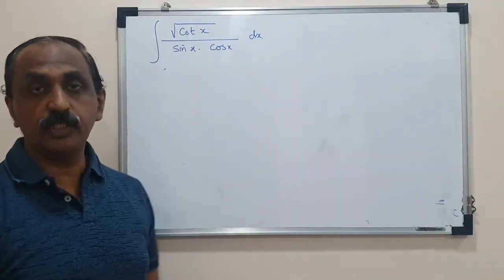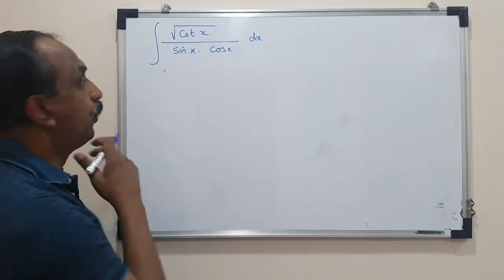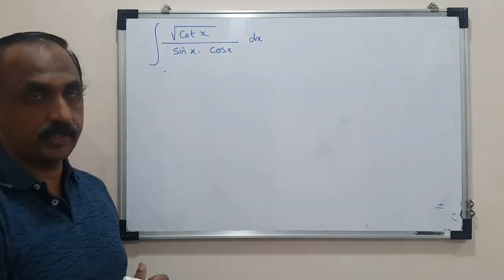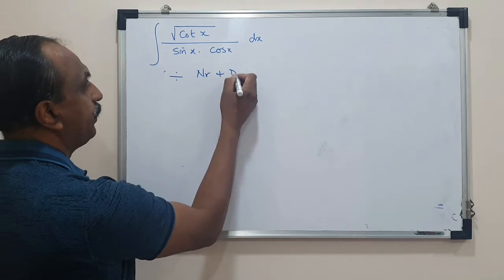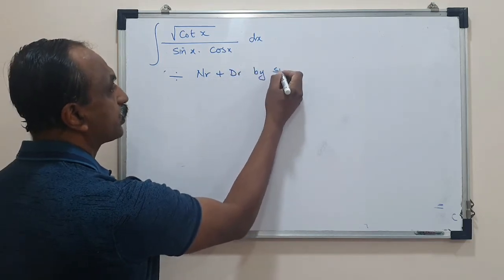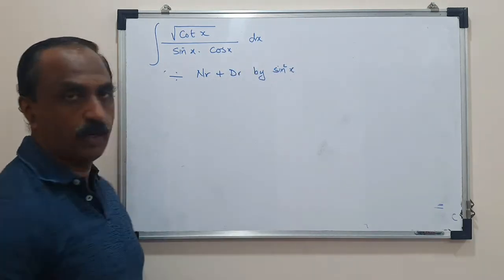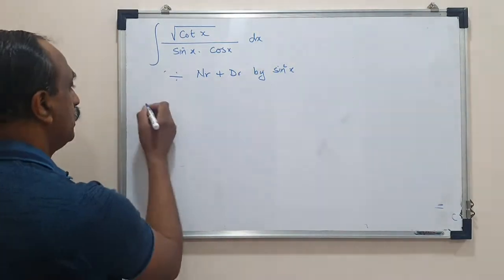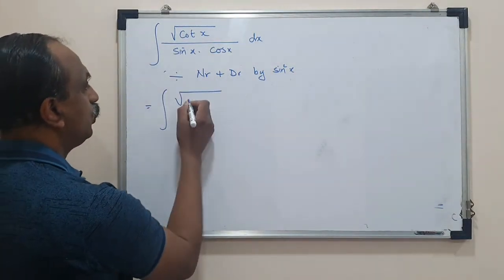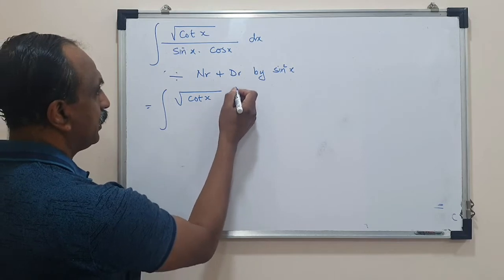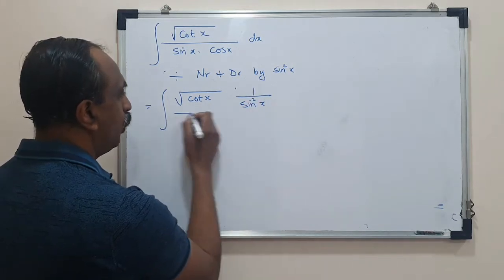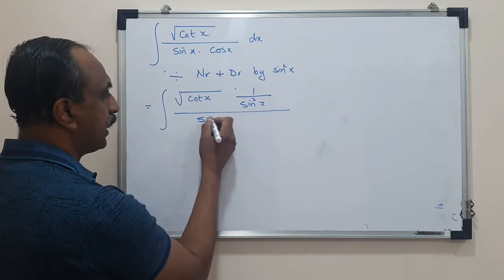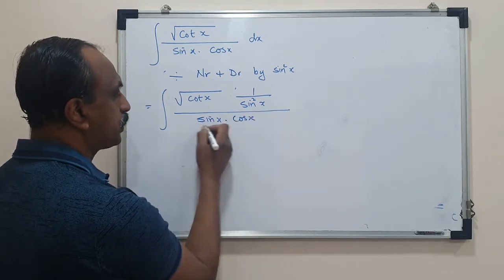Derivative of cot x is cosec square x. So how will we do? There is no cosec square x here. What I do is, I divide numerator and denominator by sine square x, because you know 1 upon sine square x is cosec square x. So I can write this as root of cot x divided by sine square x, whole divided by sin x into cos x upon sine square x.